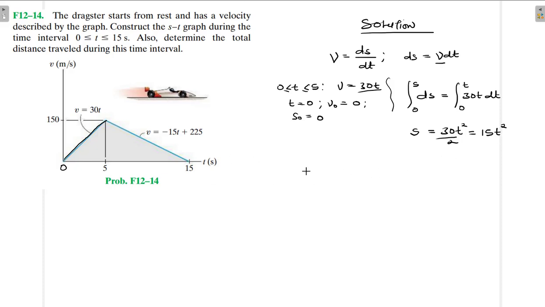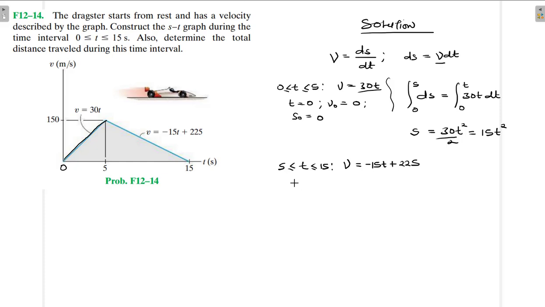So let's work out the position in the interval 5 to 15. So from 5 to 15, we have the velocity equal to minus 15t plus 225.